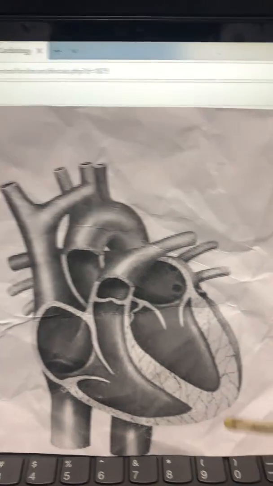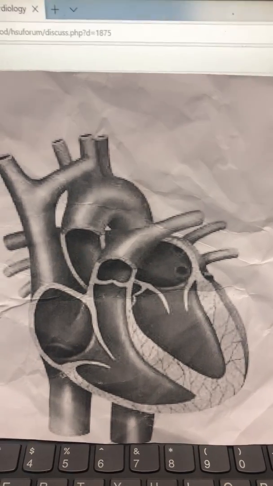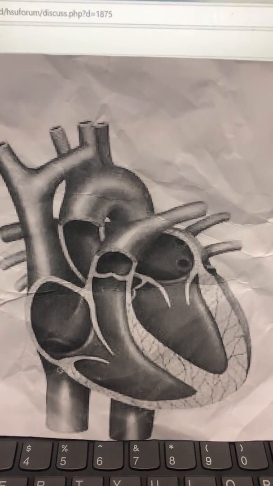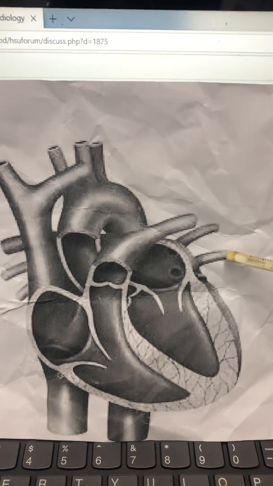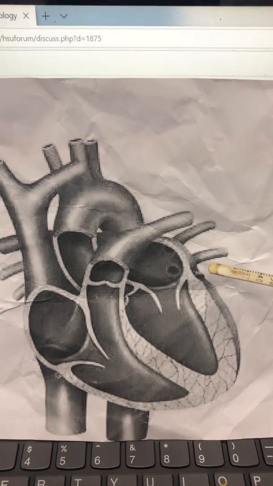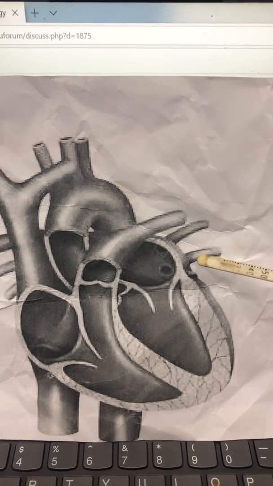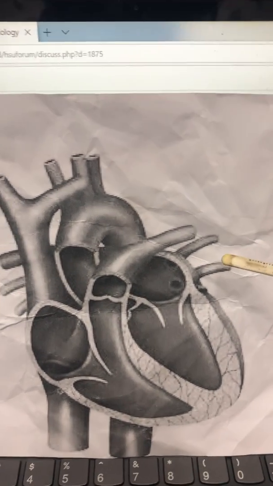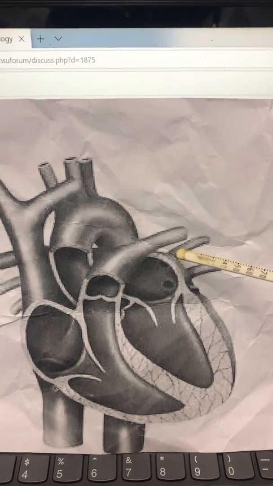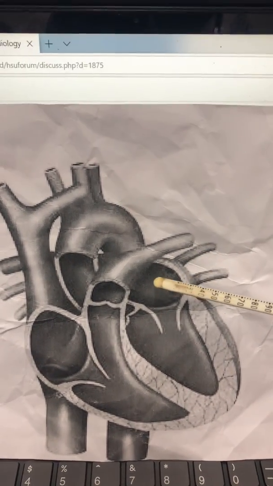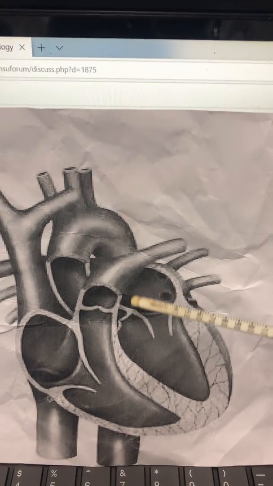Once the blood has passed through the lungs, the hemoglobin has grabbed an oxygen molecule. It then comes back through the pulmonary veins, which, vice versa, move oxygenated blood into the left atrium here.